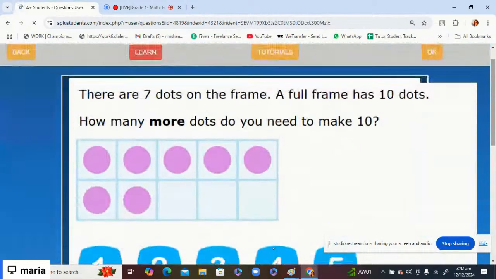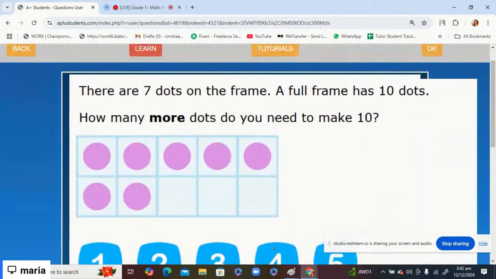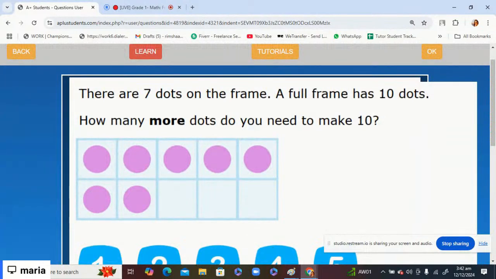Okay, there are 7 dots on the frame. A full frame has 10 dots. So how many more dots do you need to make 10? Check it out. Total are basically 7 dots.